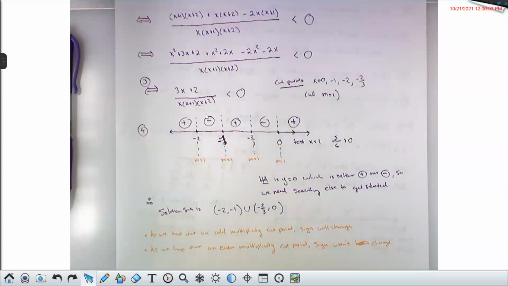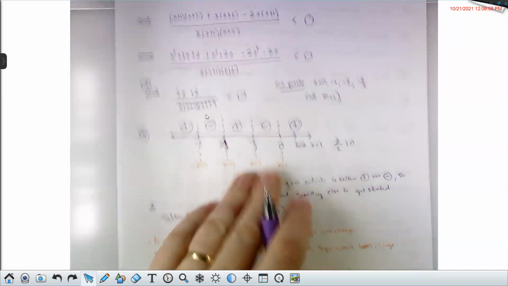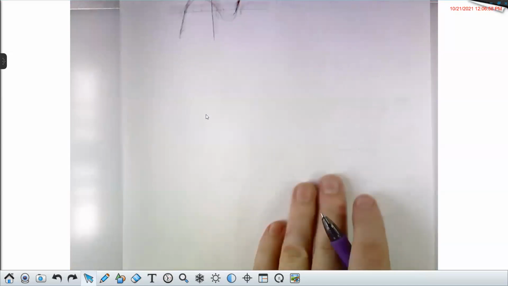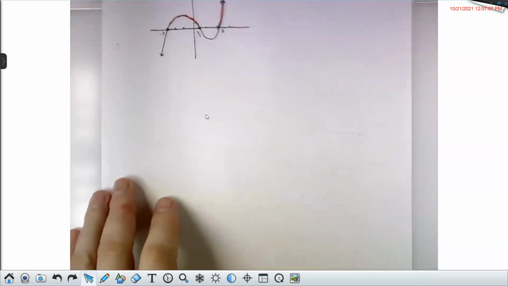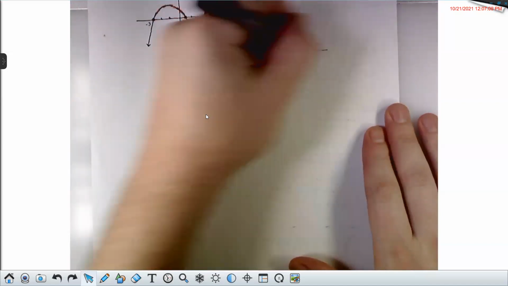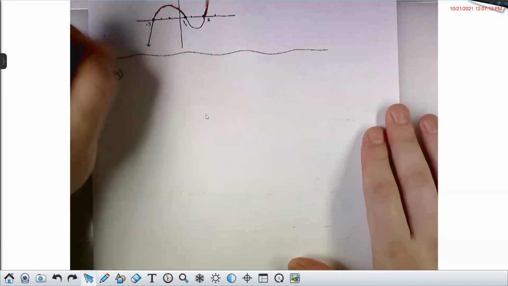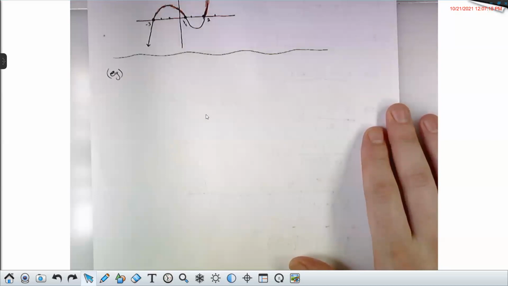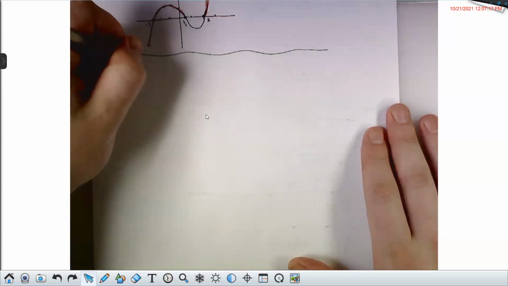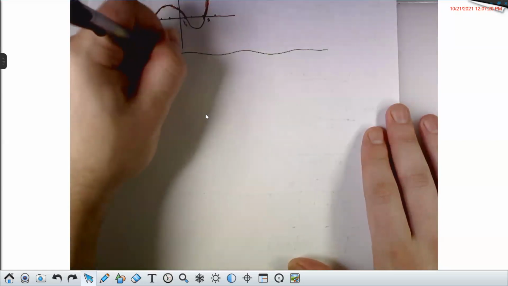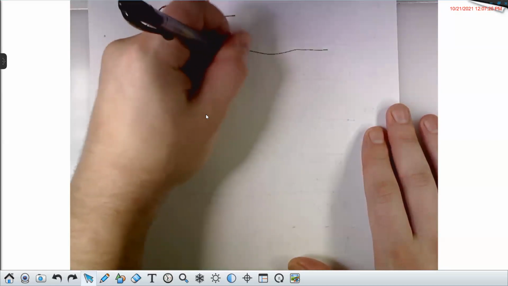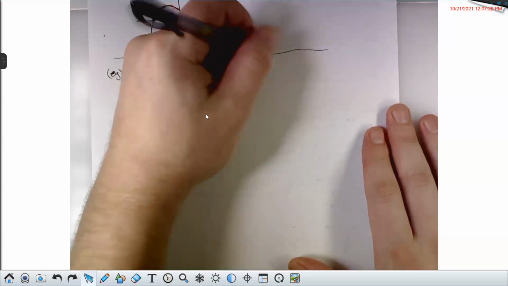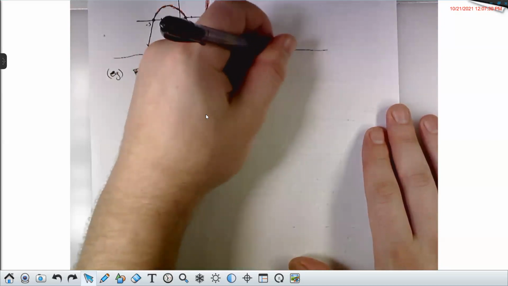Maybe one last word on this before we go. Most of the problems you're going to encounter from this section are just like, here's an inequality, solve it. But remember, inequalities can show up when you're looking for domains also. So another example of a problem like this would be: find the domain of the function f of x equals the square root of x to the 4 minus 1.